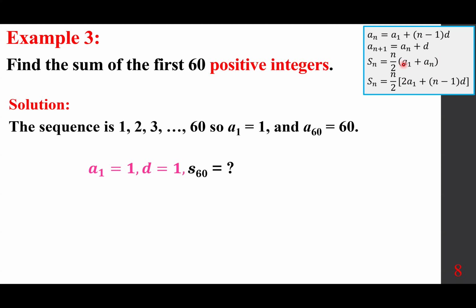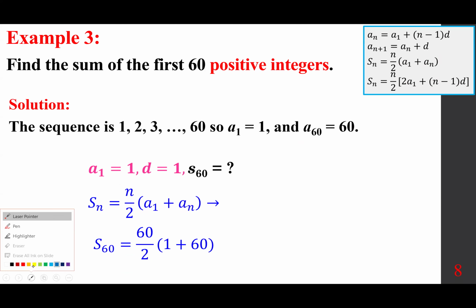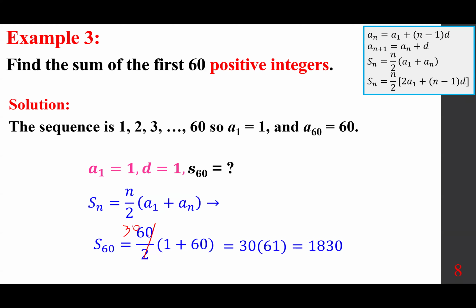So we are going to go with that formula, and replace the n with 60, a sub 1 with 1, a sub n with 60. And so obviously this is 30, right? 30 times 61, 1830.